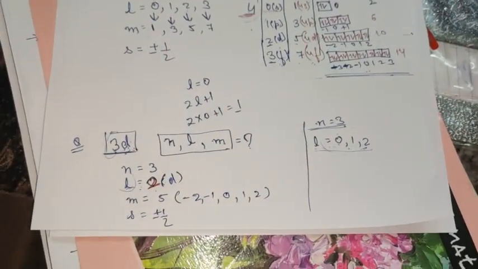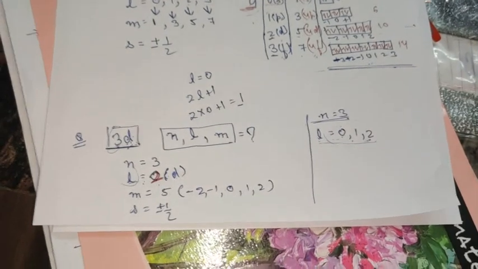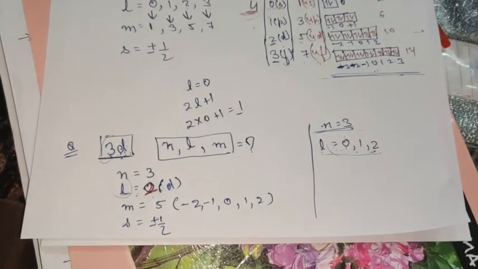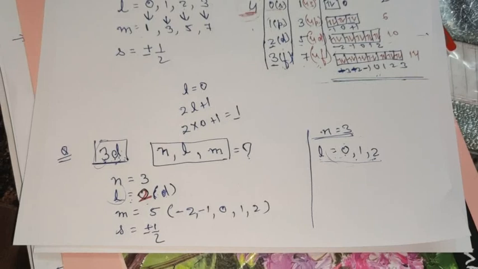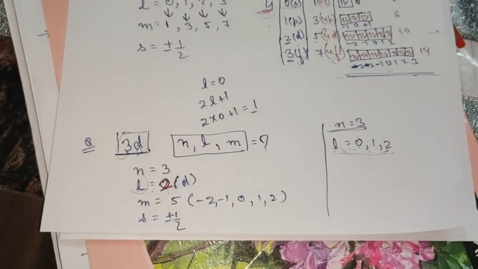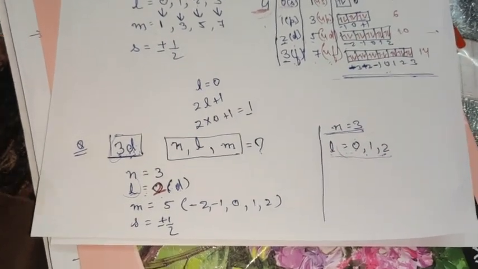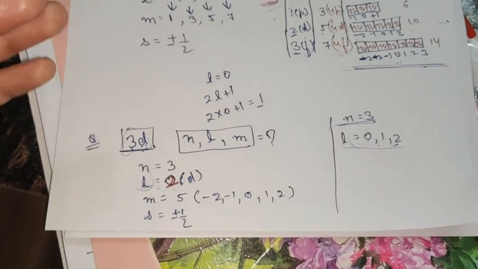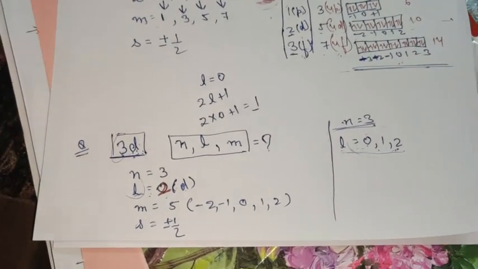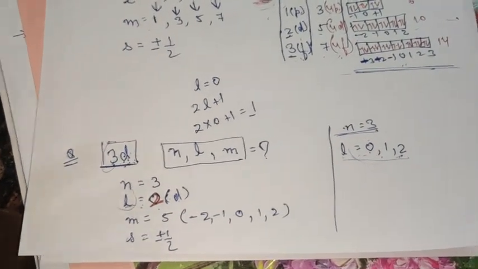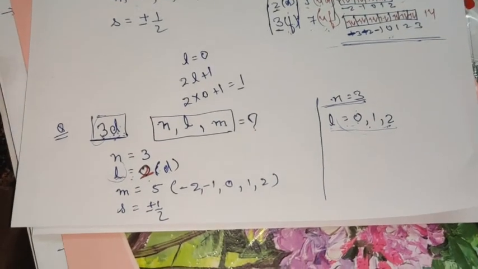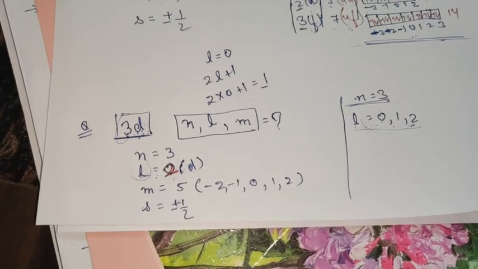So basically quantum numbers are the set of numbers which help us to locate an electron in an atom, and there are 4 quantum numbers which provide us the pathway to be followed in order to reach the electron in an atom. As I told you, suppose a person has to locate you.